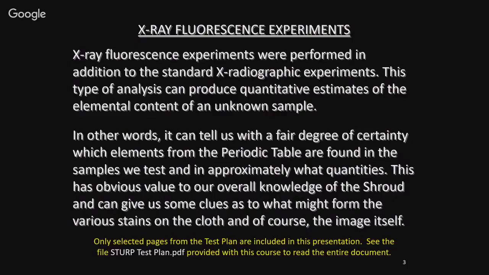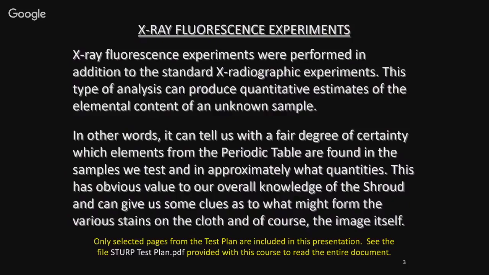Again, we had with us the spectral characteristics of every paint and pigment used by man from medieval to the modern day. So we had with us a library, if you will, of spectral characteristics for all the different types of paints or pigments that might have been used. And that made it much easier for us to detect them if they were there.